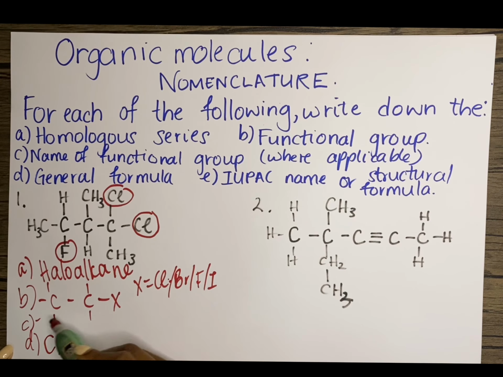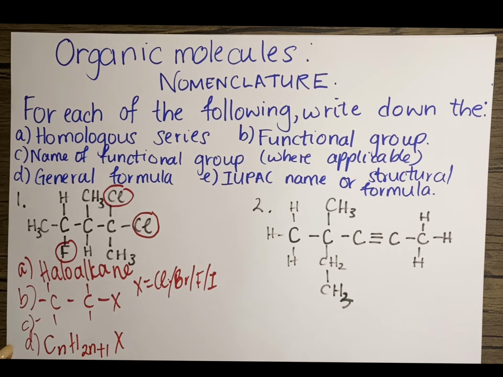So for 2 carbons, I have twice the number of hydrogens, 1, 2, 3, 4, plus 1. So that's H2n+1 and a halogen, right? I think that's quite easy to remember. And then let's get on to the naming, which is what most people find a bit challenging, right?